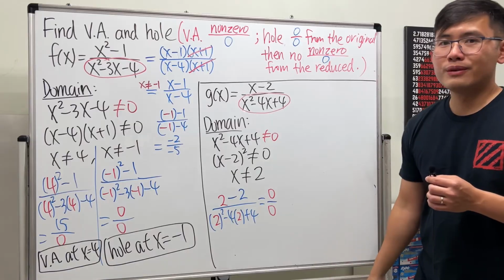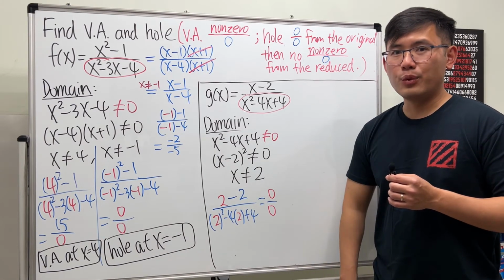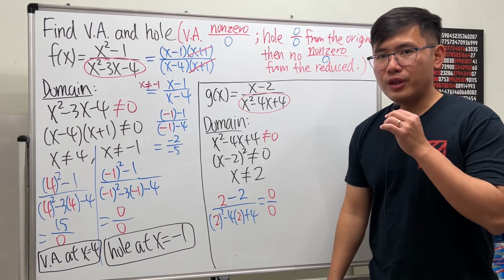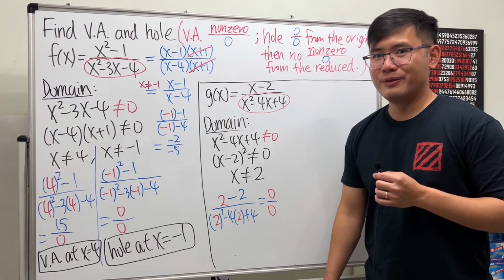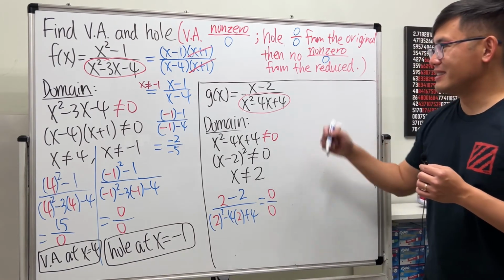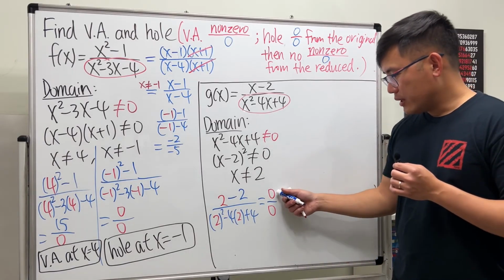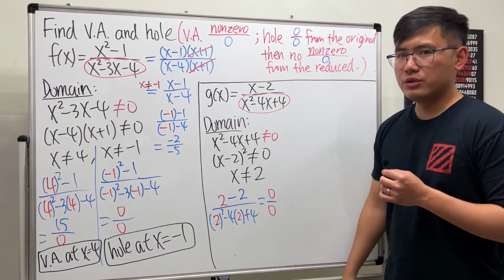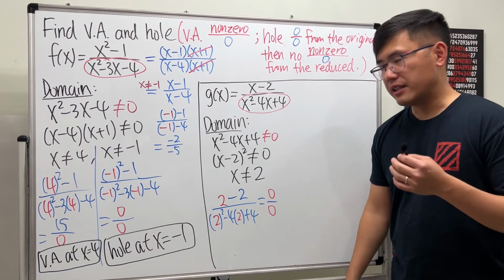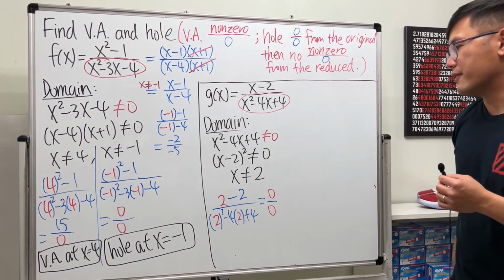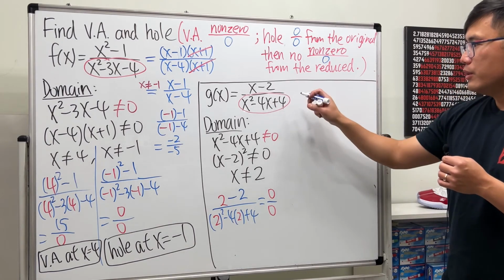Is this a hole on the graph at x equals 2? No. Why? Because it's tricky, so be really careful with that. When you get 0 over 0 when you plug into the original, it's just a candidate for being a hole on the graph.